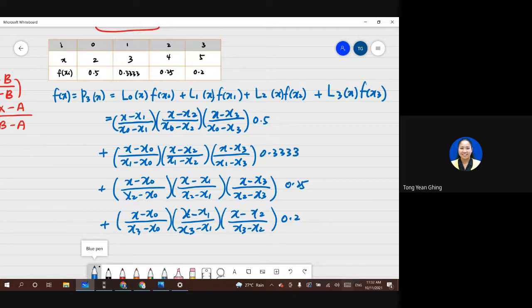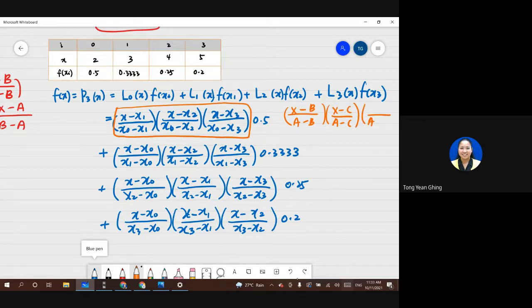Okay, now find the value of this one. So I make this the formula: x minus b over a minus b, this one a minus c, x minus c, a minus d, x minus d, like this.